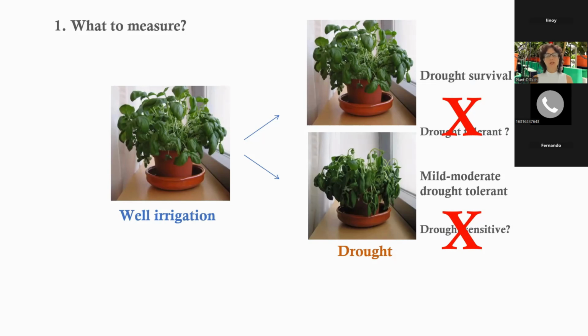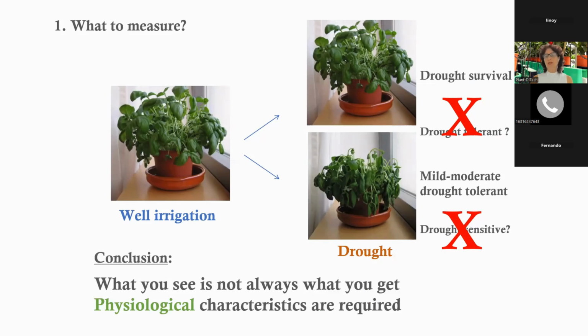Definitely not. What we need to do is to look at the plant activity, not just how the plant looks, because how the plant looks could be right, but it could also be misleading. So we need to take into account the activity of the plant, the physiological response of the plant. Physiology, when we talk about plant-environment interaction, takes a very central role in the process.